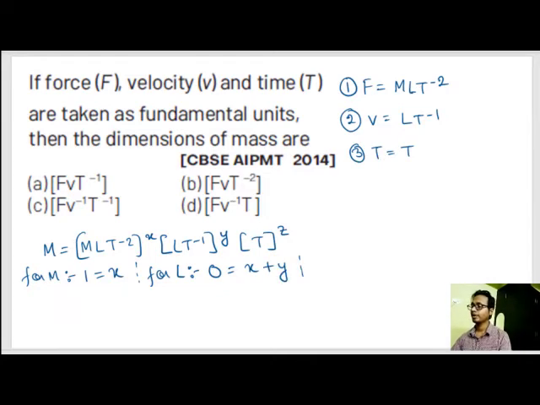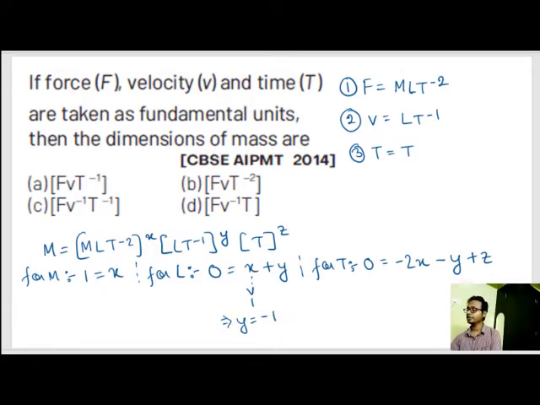And for T, on the left hand side we have 0, on the right hand side we have minus 2x minus y plus z, which is equal to 0. Now from the first equation we have x equals 1, so we can substitute x equals 1 out here, and we will get y equals minus 1.